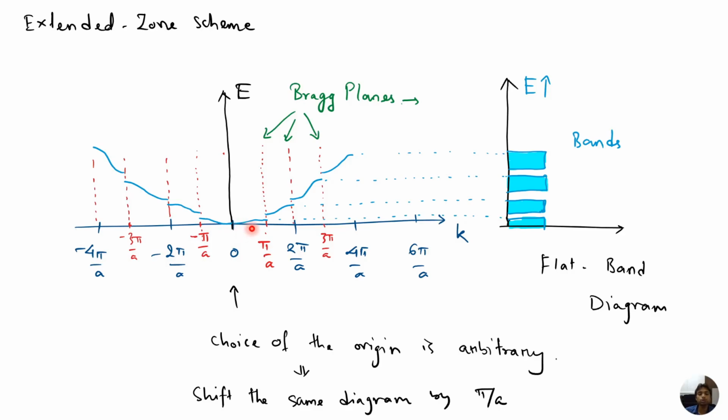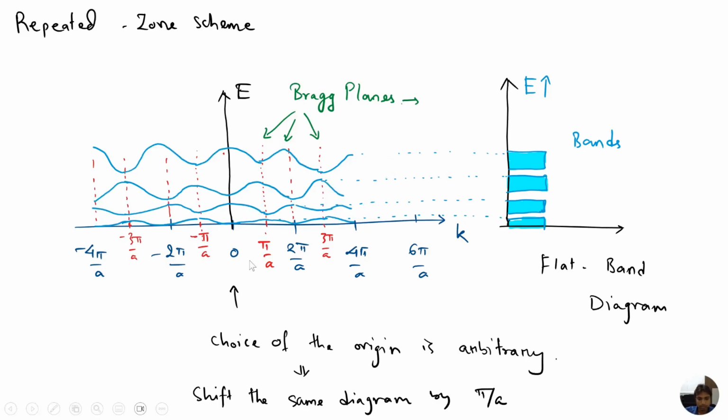We could very well have chosen this point as the origin, or this point, or this point. For example, let this point be the origin. If this had been the origin, your structure would have been like this, and like this, and so on.